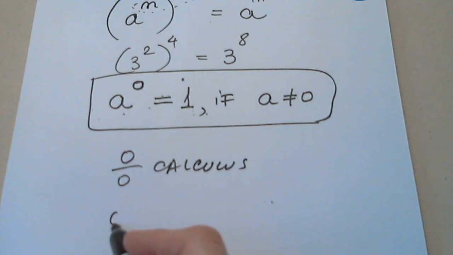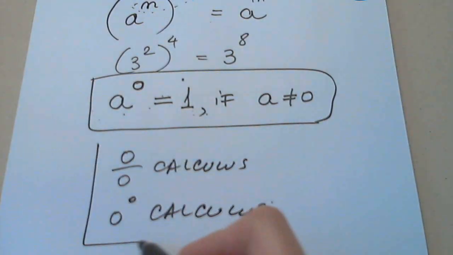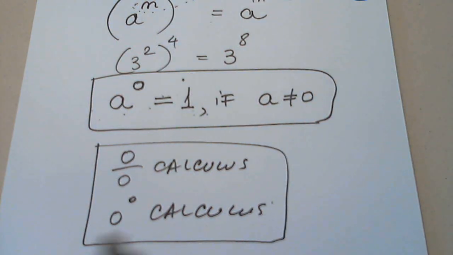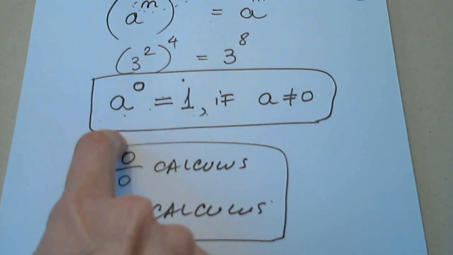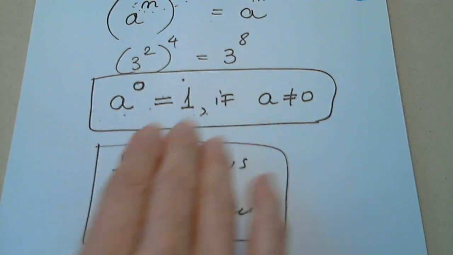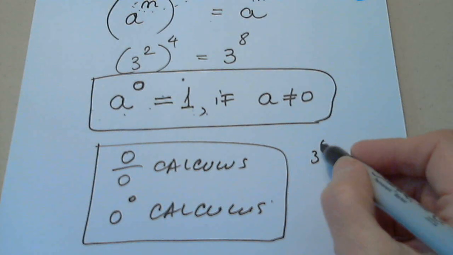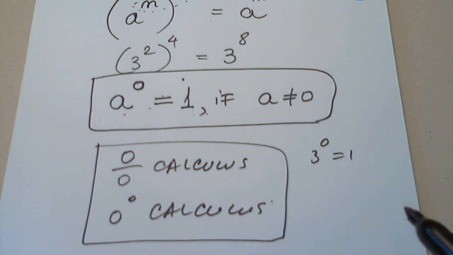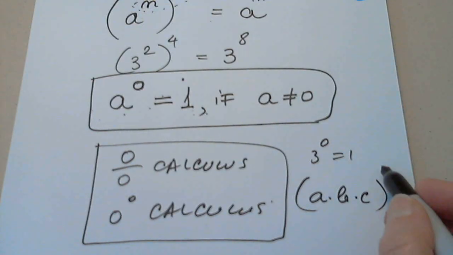I'm going to say now that 0 raised to 0, you have to wait till calculus. So the base cannot be 0. If the base is not 0, the answer is always 1. For example, 3 to 0 is 1. A times B times C, everything to 0 is 1.